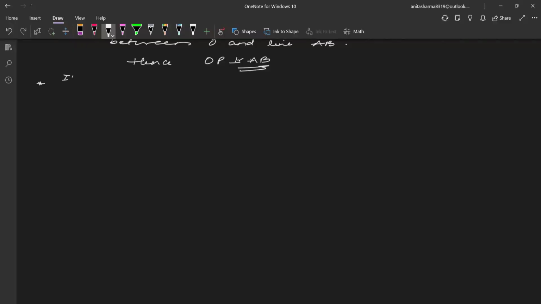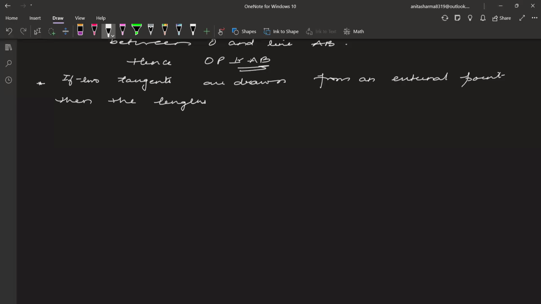Now the next theorem is: if two tangents are drawn from an external point, it means the point will be only one from where you will draw two tangents, then the lengths of the tangents are equal.